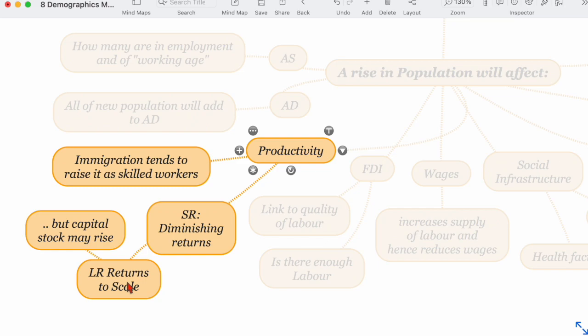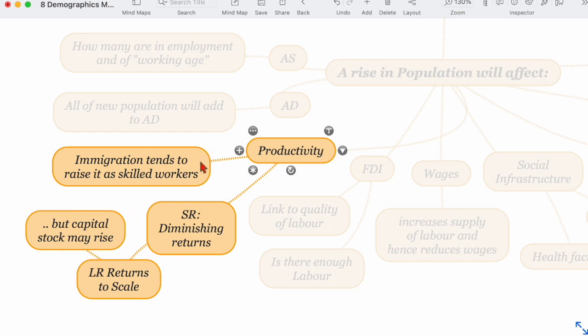So, in other words, the productivity of each worker goes down unless, and this is an important one, the capital stock goes up. So if you are just saying you put more and more workers into jobs, then productivity is going to fall over time, but it does encourage investment in capital goods and services.